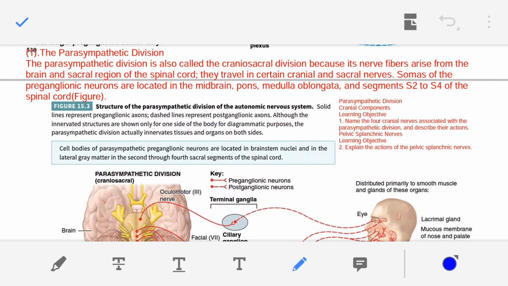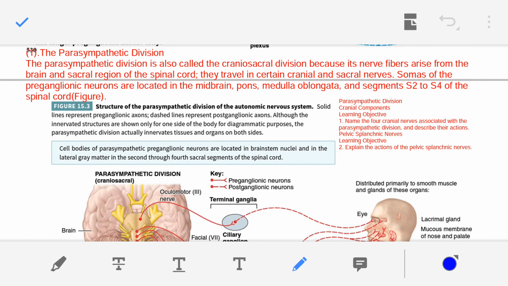So the fibers of parasympathetic division travel with the cranial nerve and the sacral nerve. They combine, they join with the cranial and the sacral nerve. Okay, sacral nerve, that means the spinal nerve.